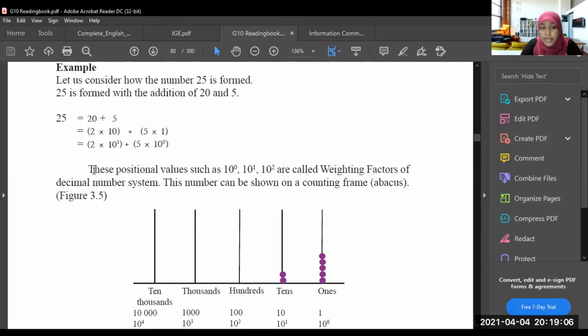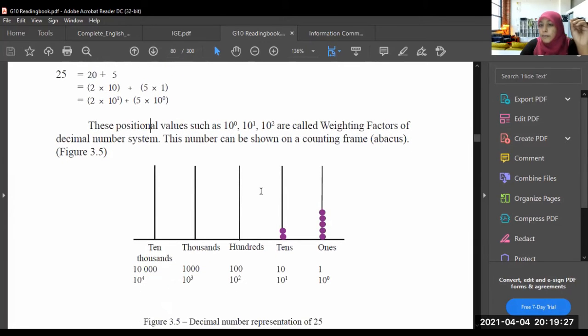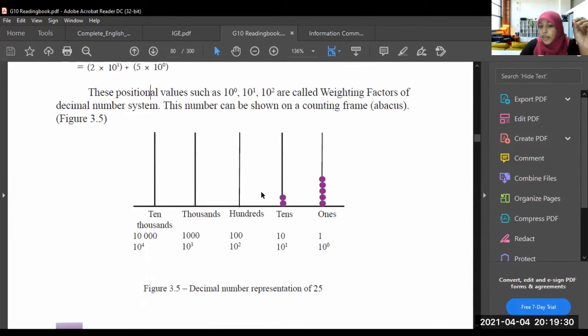So as it is explained here, these positional values such as 10 to the power 0, 10 to the power 1, 10 to the power 2 are called weighting factors of the decimal number system. This number can be shown on a counting frame. We call it an abacus. You know the abacus.